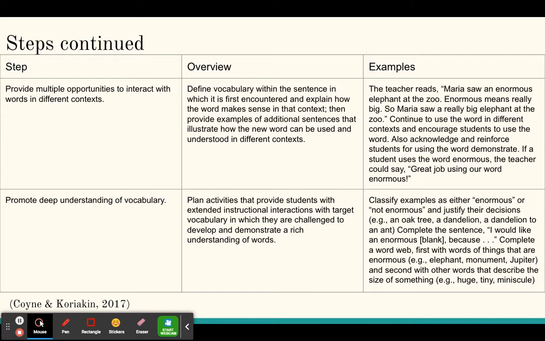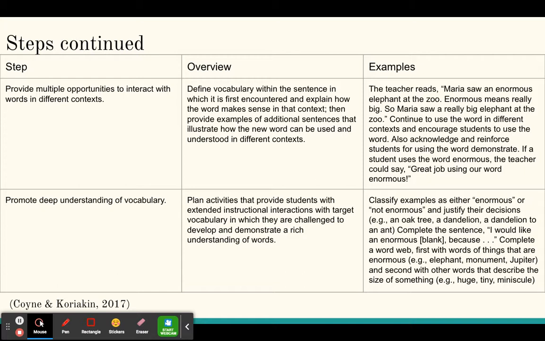And then you want to provide additional activities and additional examples of how that new word can be used. So for example, the teacher reads, Maria saw an enormous elephant at the zoo. Enormous means really big. So essentially, Maria saw a really big elephant at the zoo.